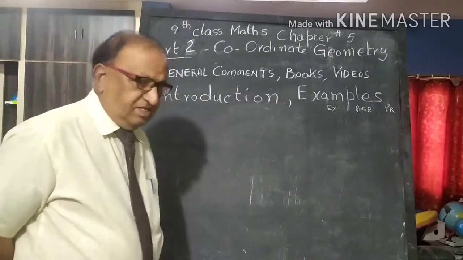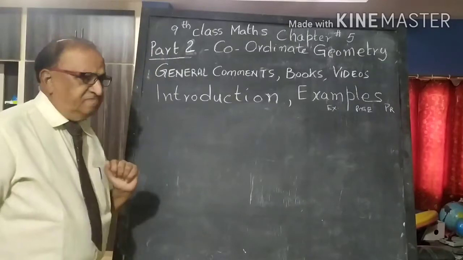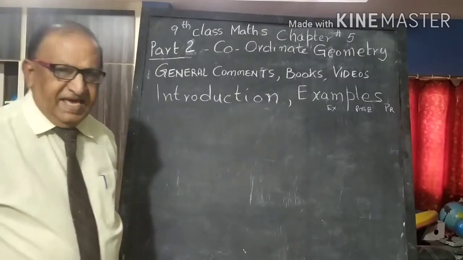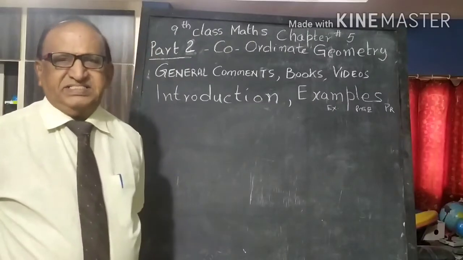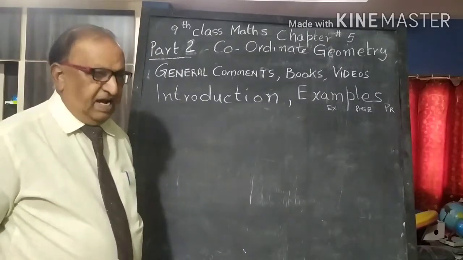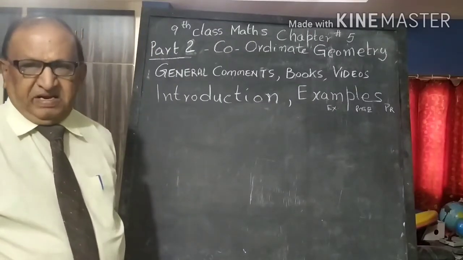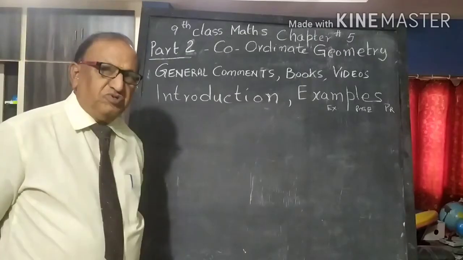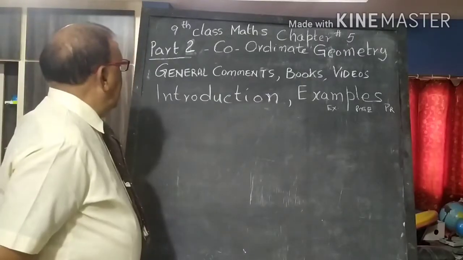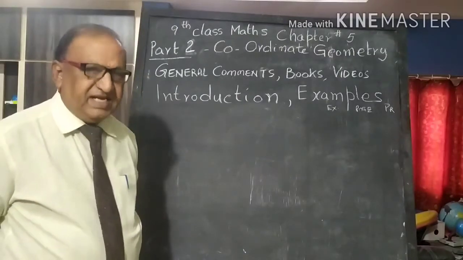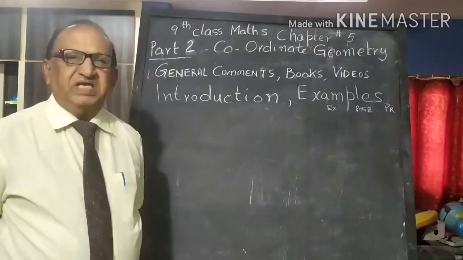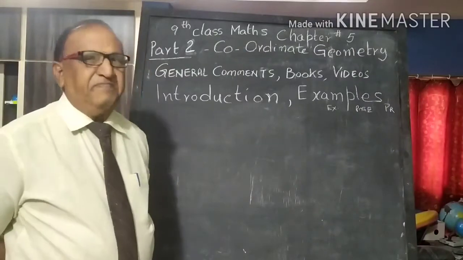In the previous part, that is part 1, I gave you all the details, how the coordinate system is represented on a piece of paper, on a graph paper. And I also told you some introduction. And prior to that, I made some general comments. I want to repeat them now.